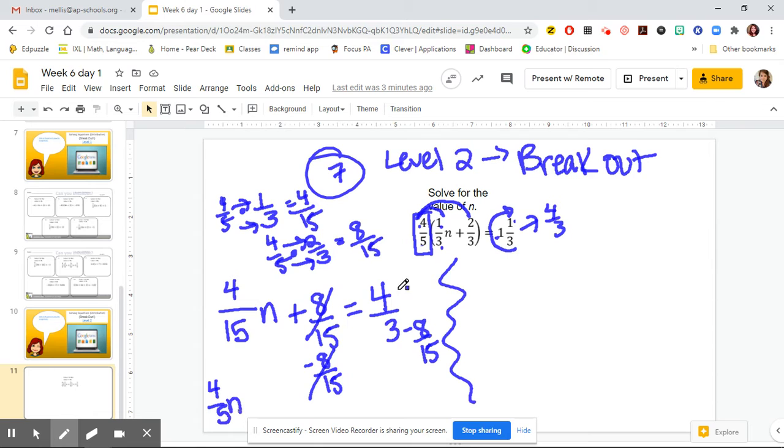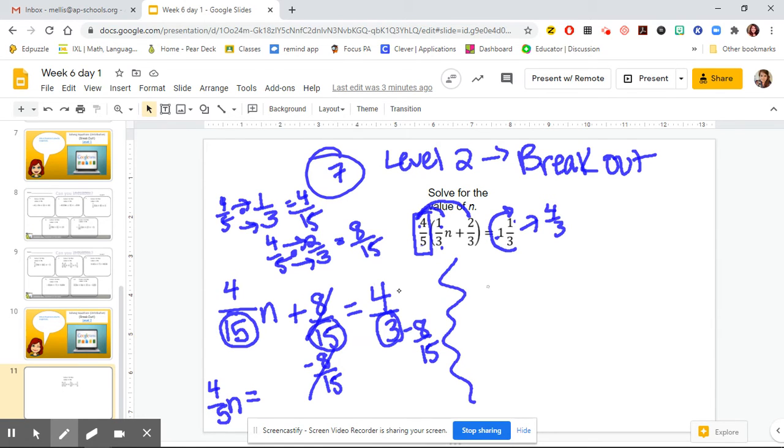I personally would try to get rid of my denominator completely first. We notice that all of them have a number that's a multiple. The LCM of these three numbers would be 15, and then I can cancel out my fractions. But if we just keep doing what we've been doing in class, I can subtract both sides by 8/15.